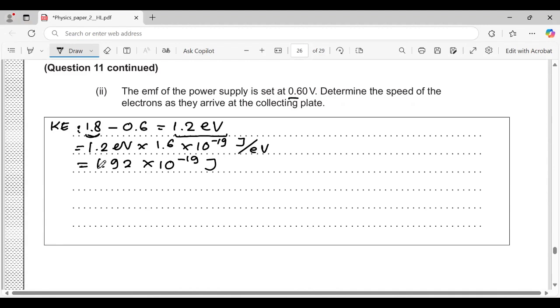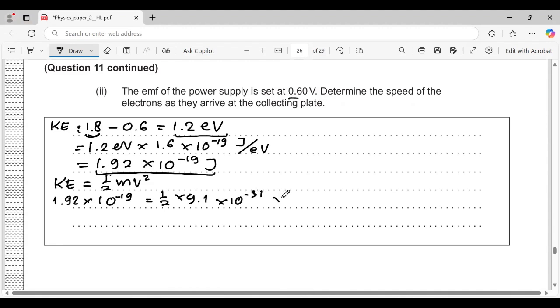Now substitute into the formula that kinetic energy equals 1/2 m v squared. So 1.92 times 10 power minus 19 equals 1/2 times 9.1 times 10 power minus 31 times v squared.